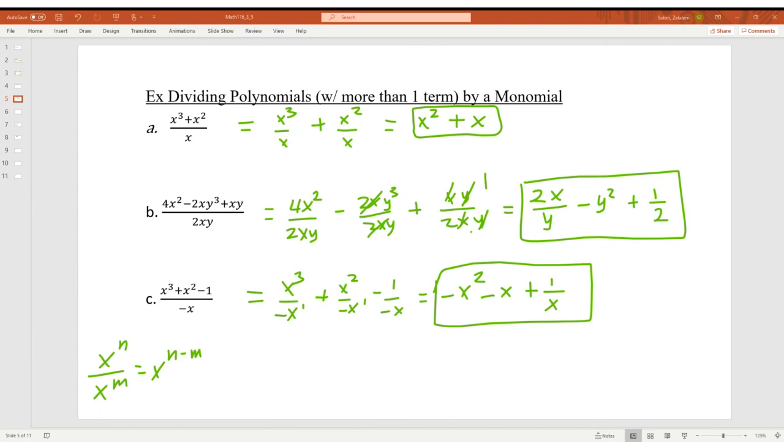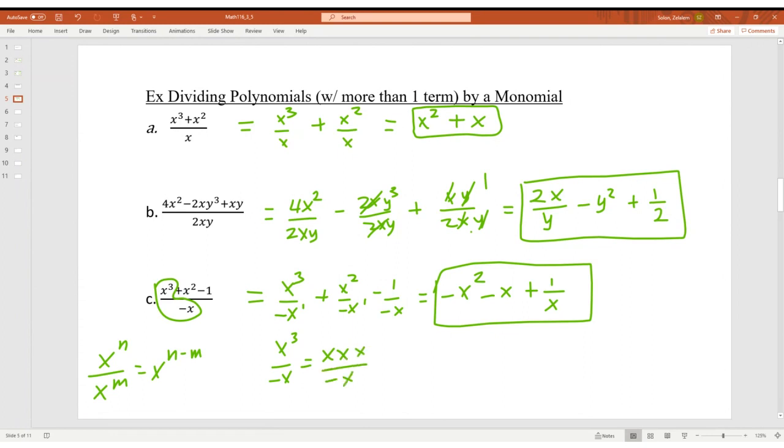Re-explain the last. Okay, so we did the same thing. We have x cubed, and we divide it by -x. Let me show you what it looks like. x cubed is technically x times x times x, and I have -x here.